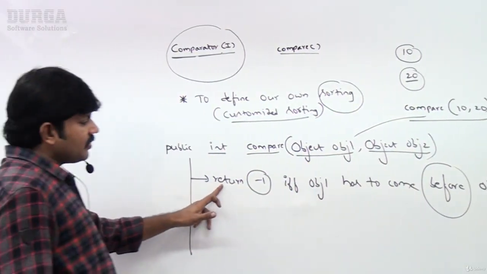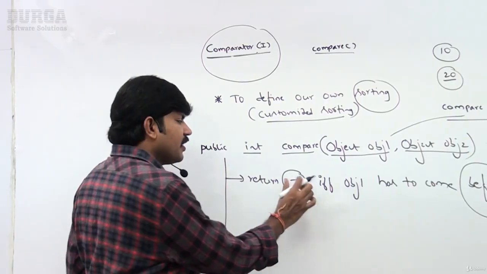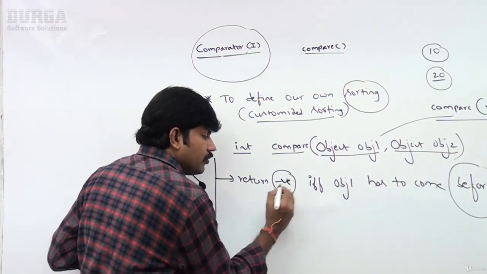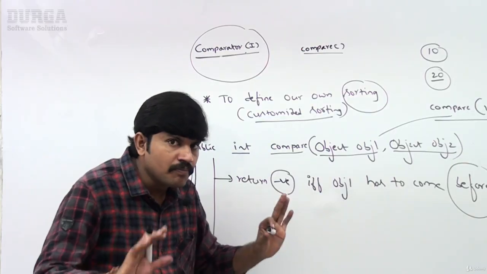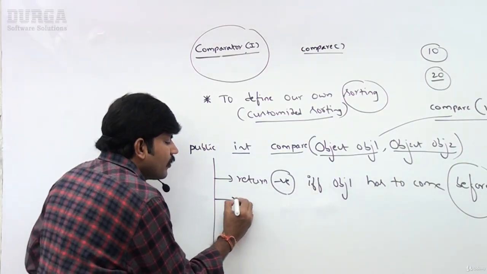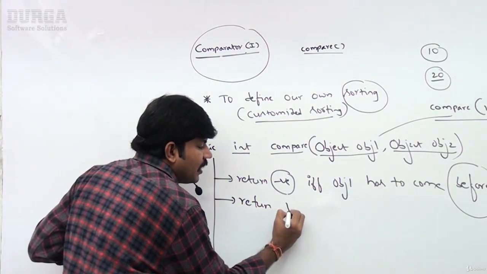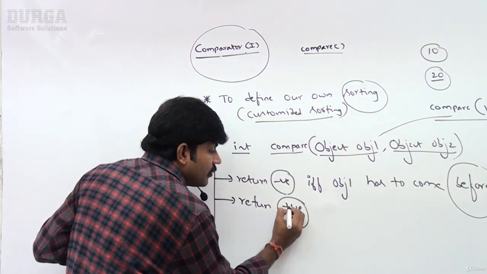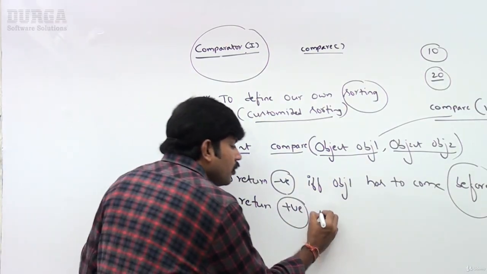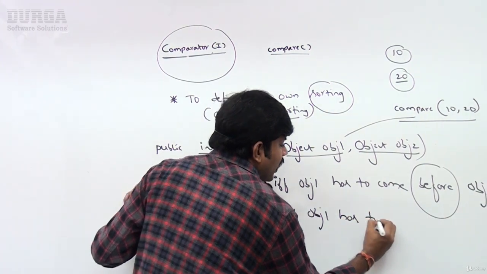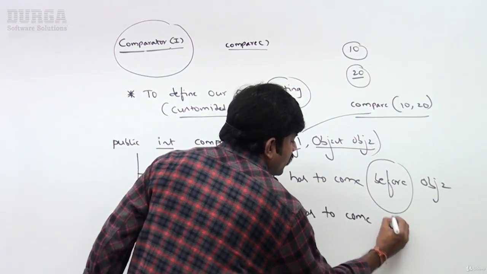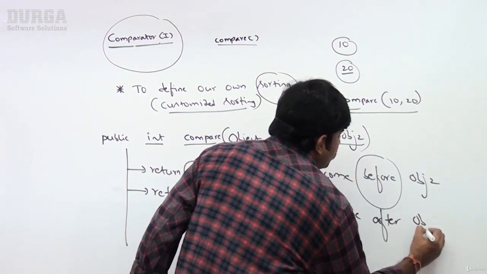Return a negative value, it may be -1, -100, anything, if obj1 has to come before obj2. Return a positive value if and only if obj1 has to come after obj2.